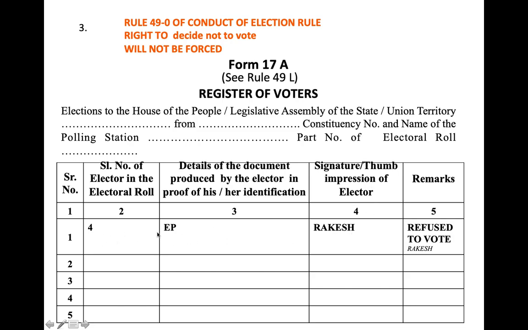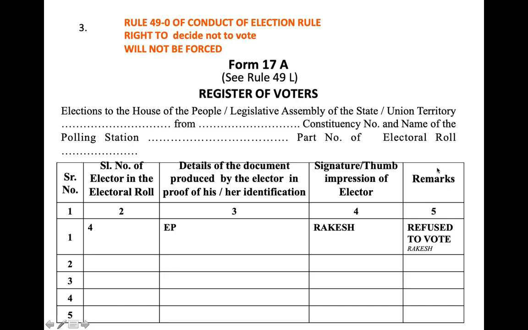After following all the due process of election, Rakesh says, I will not vote. I do not wish to vote. I do not wish to cast my vote. In that case, he has the right to decide not to vote, and you cannot force that elector to vote. In such cases, what will the presiding officer do?